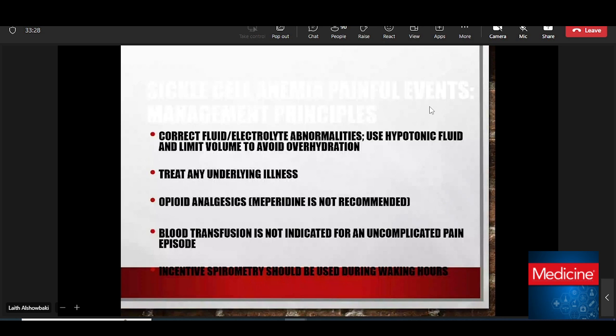But if it's not responding and the patient is having a lot of pain despite all of these, then we can transfuse patients with blood in case they're having anemia, or if their hemoglobin is satisfactory, we can perform exchange transfusion, where we get some abnormal blood out of the patient and infuse him with normal hemoglobin, just to dilute his blood and to reduce the risk of cerebrovascular event and improve the blood flow inside those small blood vessels in order to reduce the pain.